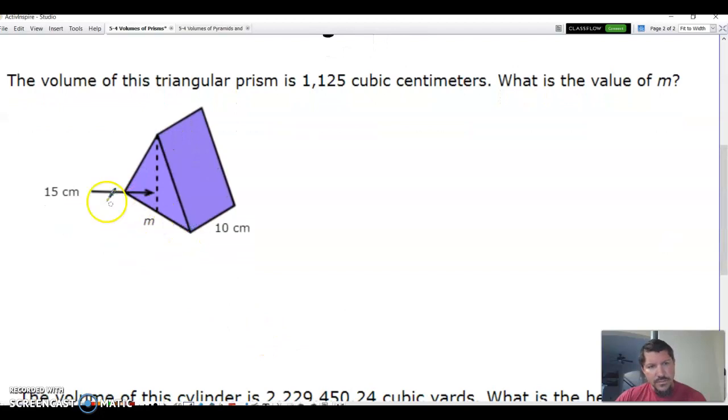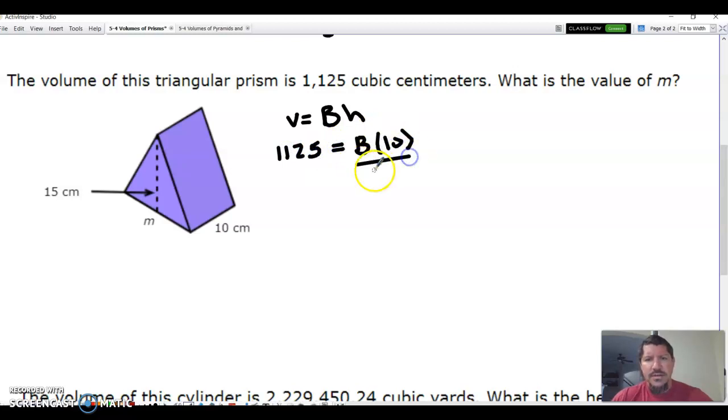Alright, so now we're looking for a part of the base. So this is going to be a little bit different. Very much the same, but a little bit different. So area of the base times the height. So this is 1125 equals the area of the base times 10. So we'll divide by 10. Means that the area of my base is going to be 112.5. Now I'm going to set this equal to the formula for a triangle.